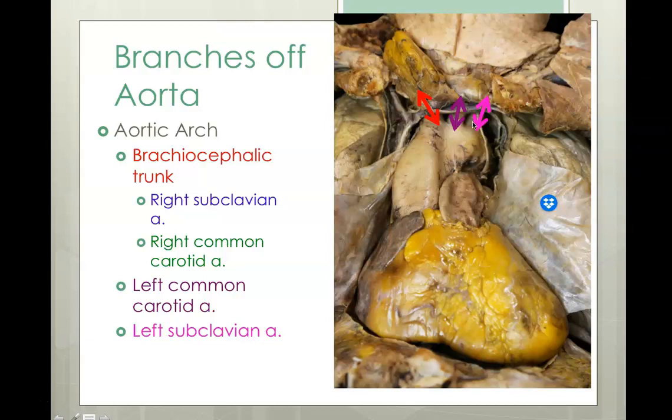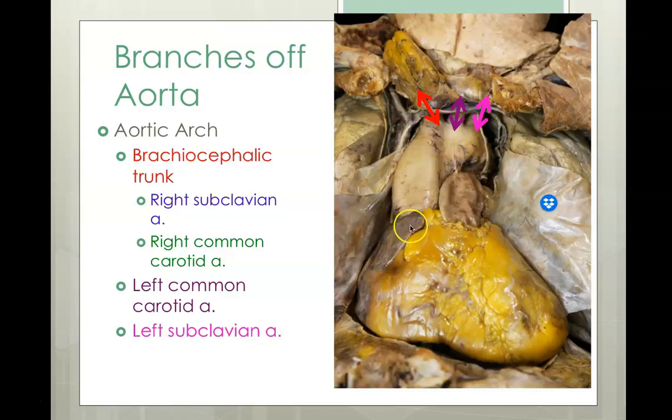Now, why would you think that the left common carotid and left subclavian come directly off of the aortic arch, but on the right side, we need this brachiocephalic trunk? Then we give off the right subclavian and the right common carotid. So if you guess that this is because the heart lays closer to the left side of the body, you are correct.